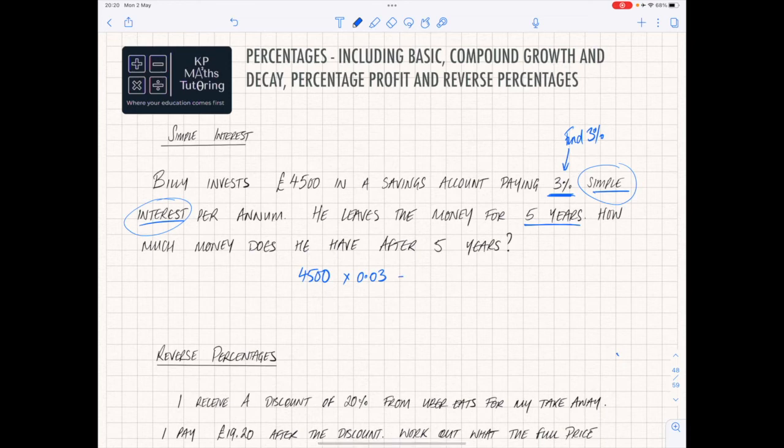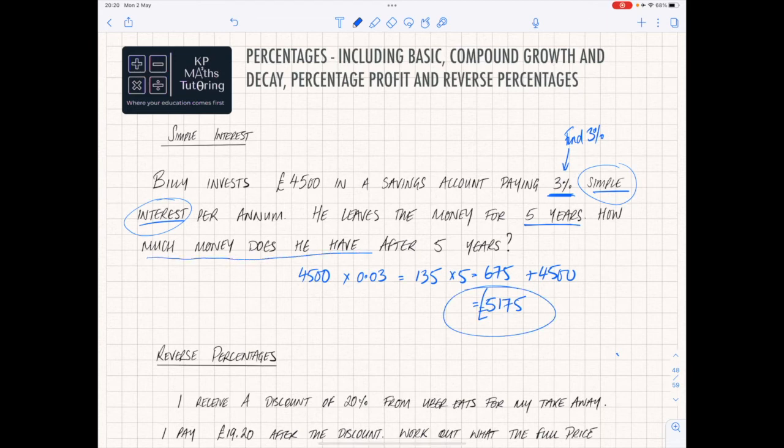You then get your answer there, which would give you £135, and then the same process times it by 5 to get £675, and then add on top of that the 4,500 that we've got, and you'd still end up with £5,175. Okay, so the answer to this question, make sure you read the last part carefully.